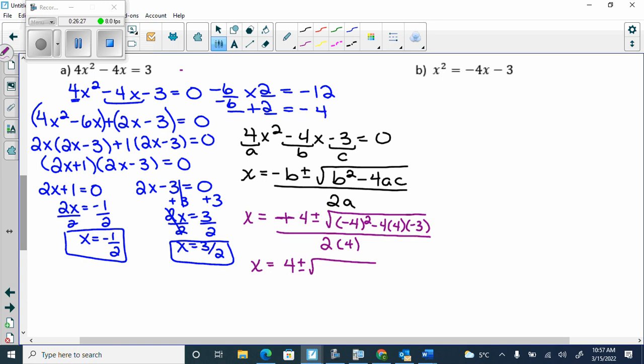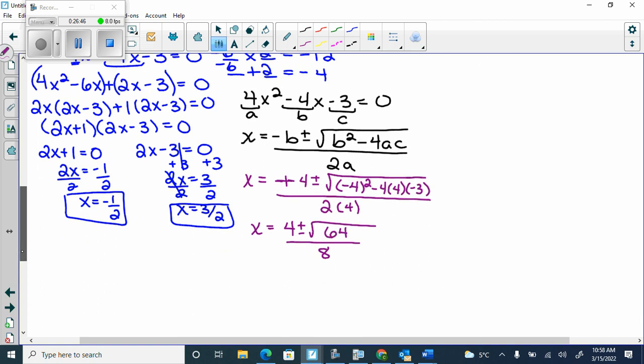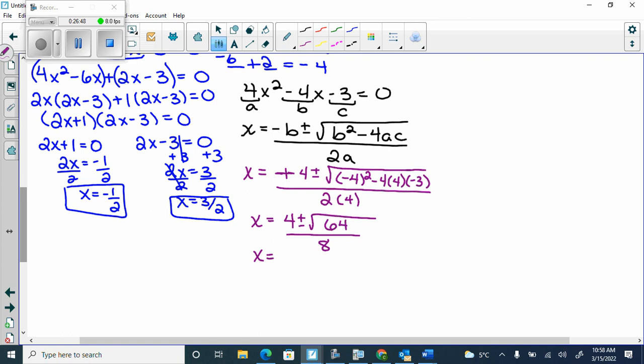So you're going to get, oh goodness, 16, and then 16 times 3 is 48, it's 58, 64, under here, over 8, and then we get x equals 4 plus or minus 8 over 8, because the square root of 64 is just 8.